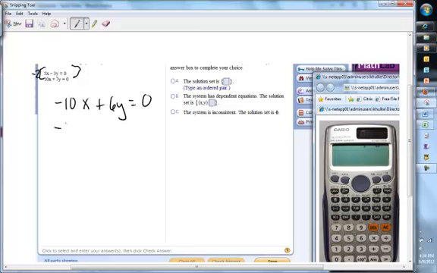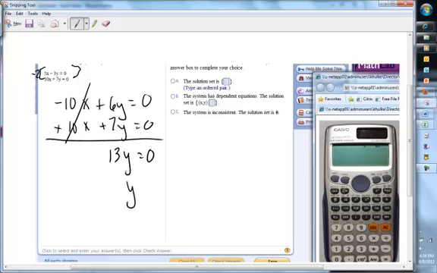And then the second equation is 10x plus 7y is 0. The x's are eliminated, so you have 13y is 0. So y is 0. And if we substitute in 5x minus 0 equals 0, x is also 0.